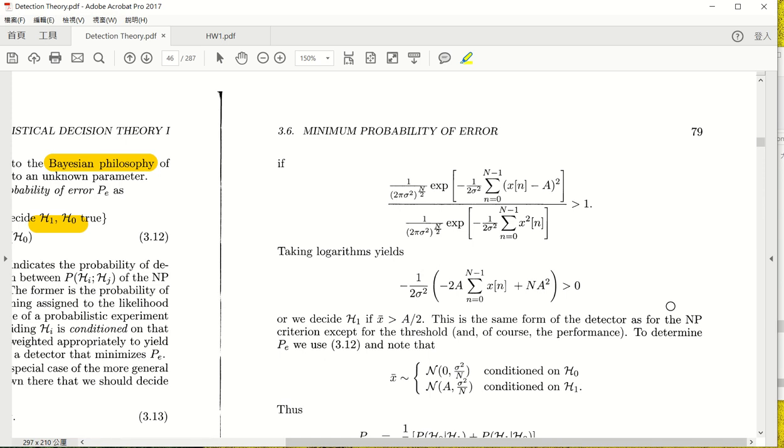回忆一下我们先前讲到那个矩阵版本的 Gaussian distribution 那件事情。Okay, so if you recall that vector version of Gaussian distribution, you have multiple samples. In fact, it is a vector of Gaussian random variables. And then when you write its probability density function out and simplify it, you get this with mean equal to A. But if it's conditional on H0, then you get this.